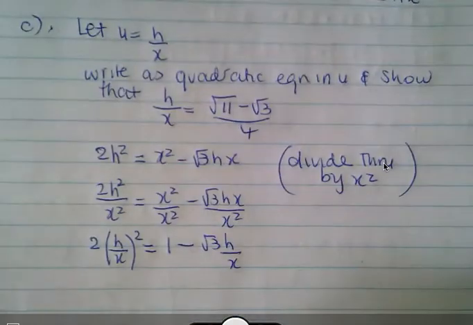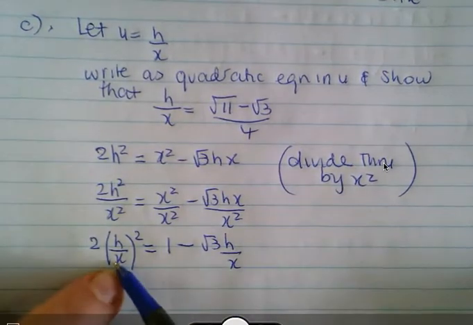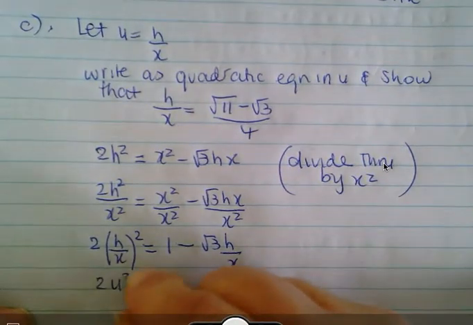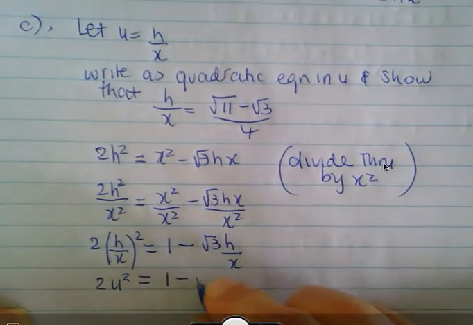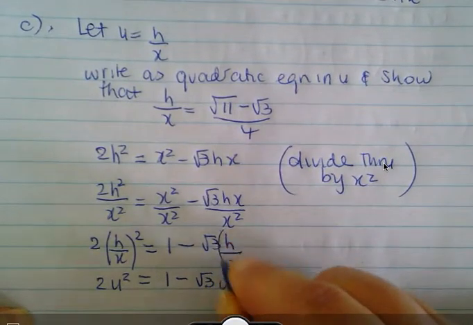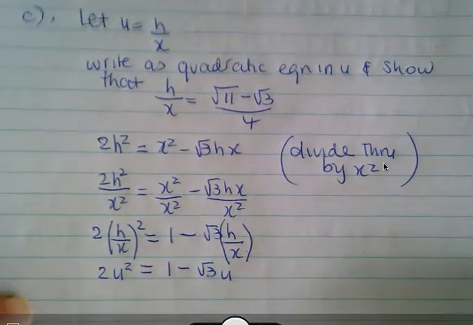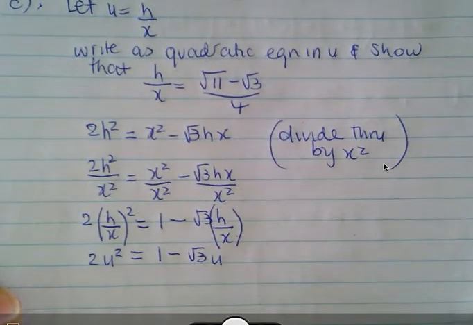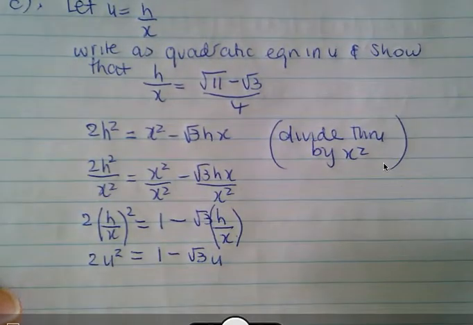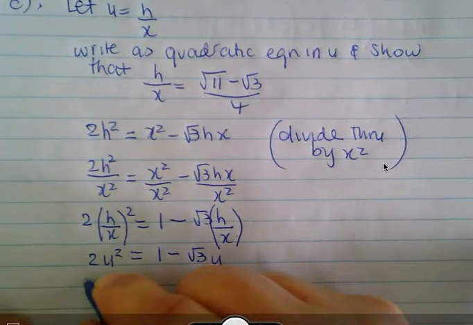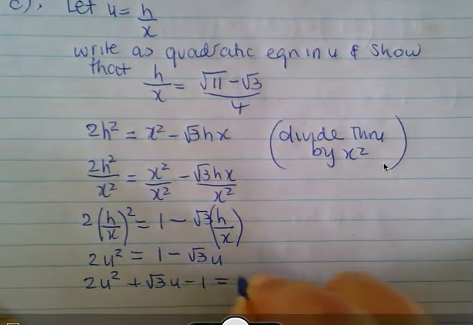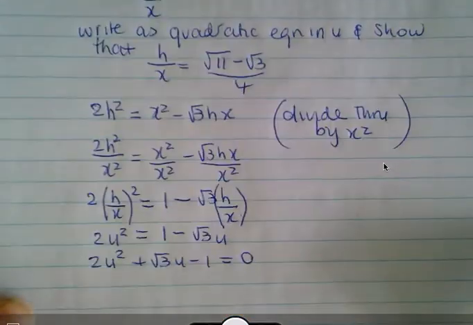Now, that's looking really good because that's now u squared, and that's u. So now what I've got is 2u squared equals 1 minus root 3u. I'll put that in brackets. Now that's a quadratic equation in u. Okay? So let's take everything over to the left. 2u squared plus root 3u minus 1 equals 0. And what do you think you would do?